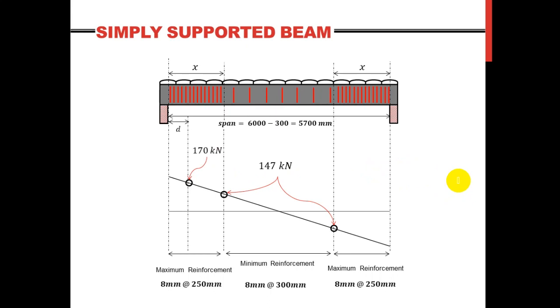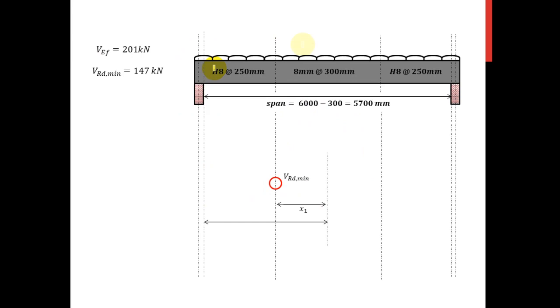So that's it. I have all what I need to find the X and the X at the midspan as well. So let's do it. From the diagram, the VEd and the VRD minimum are both useful now. Both of them.